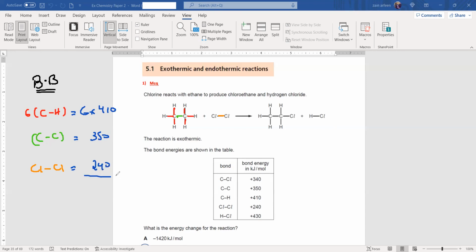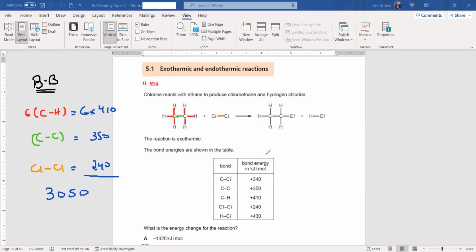What is the sum of all these? 6 into 410 is 2460, plus 350 plus 240. So the sum of all the bond breaking energy is how much? That is 3050. That's the bond breaking energy.